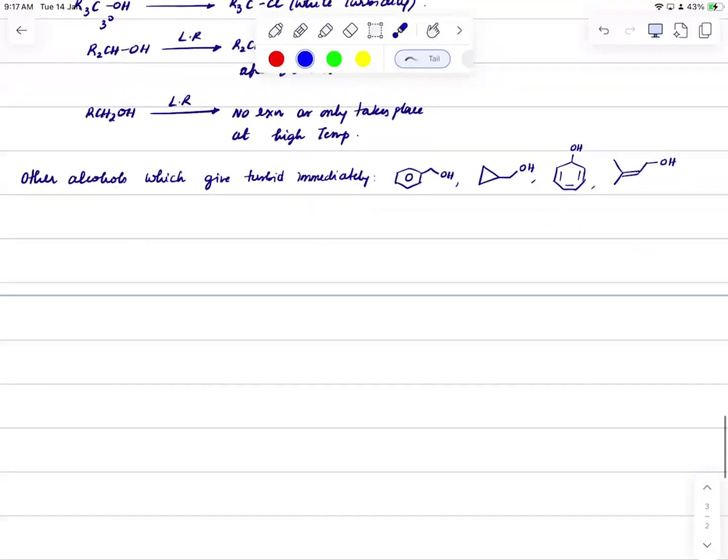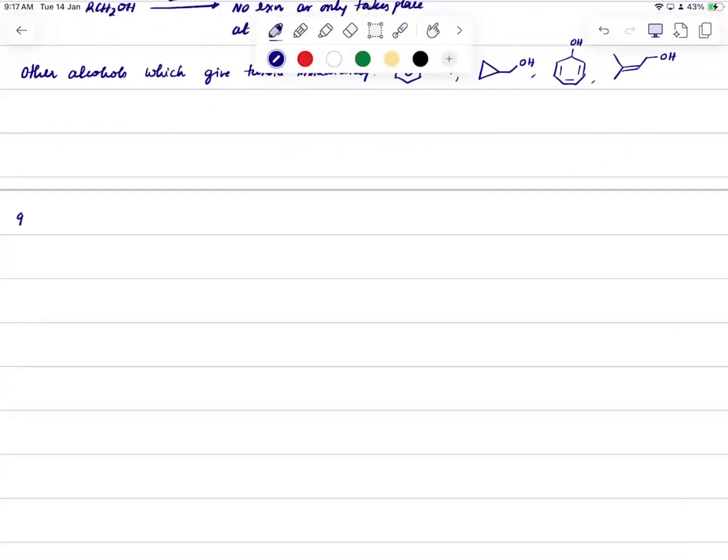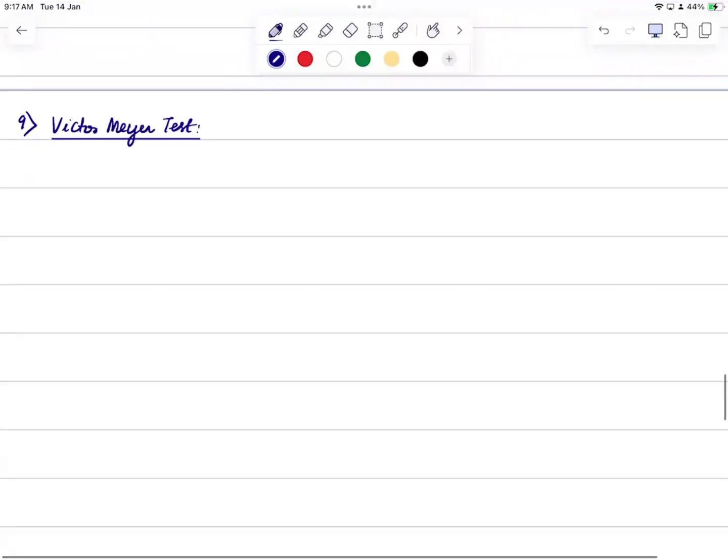Right. Next one, the Victor-Meyer test. Ninth one is the Victor-Meyer test. The Victor-Meyer test is specifically used for identification of alcohols. Okay. So what we do, we take a primary alcohol, RCH2OH.